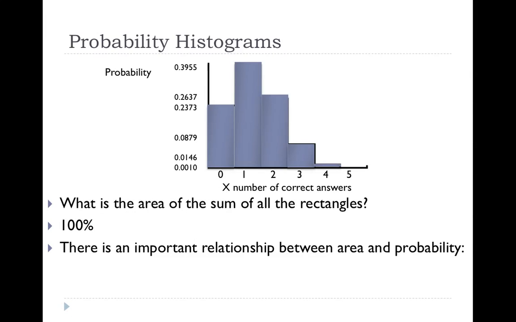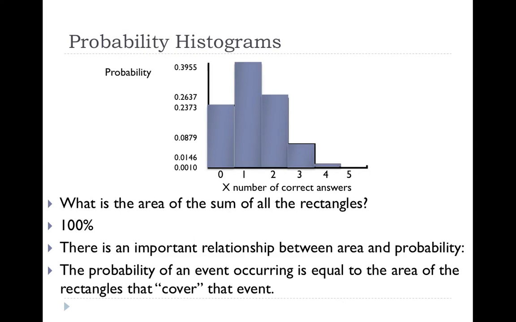Now we're going to discover an important relationship that exists between area and probability. The probability of an event occurring is equal to the area of the rectangles that cover that event. The probability of getting 0 correct is the same as the area of the rectangle for x equals 0.